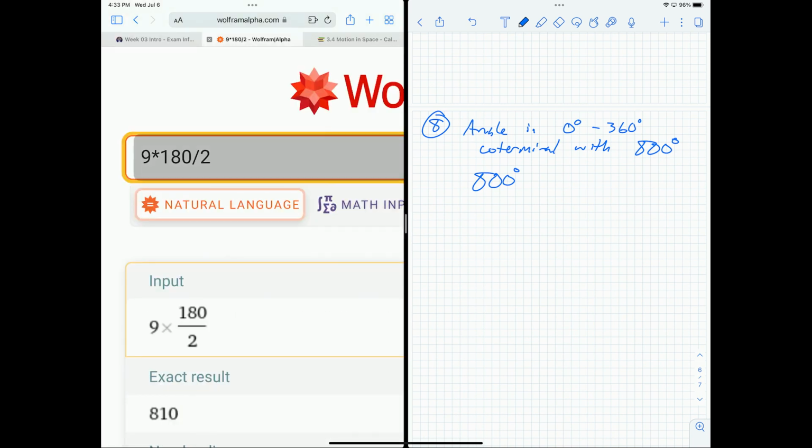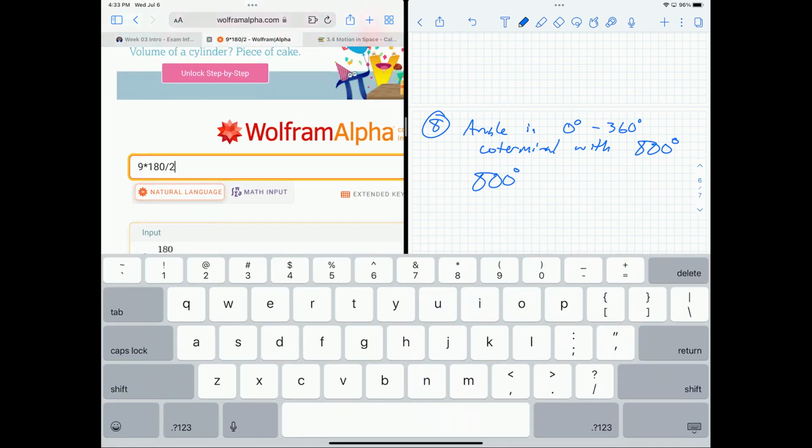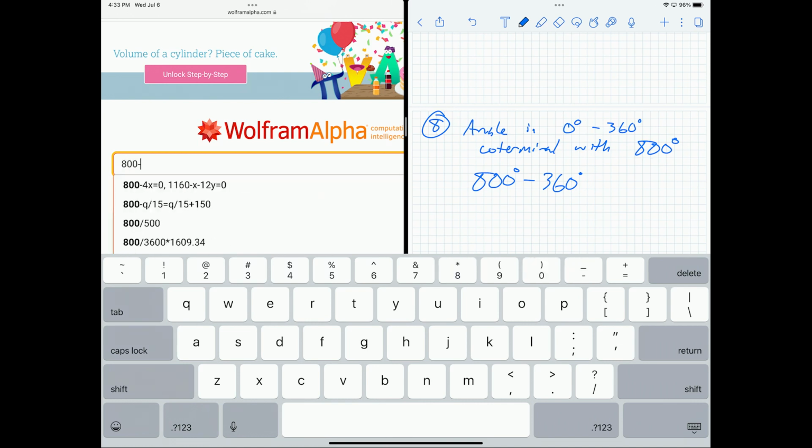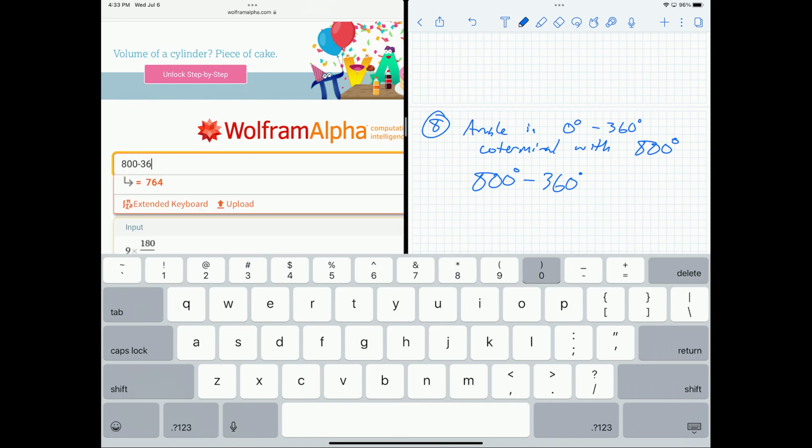So all you do is, since it's not in 0 to 360, just subtract 360, because 800 is too big. So subtract 360. What do you get? You get 440. Well, guess what? 440 is still not between 0 and 360.